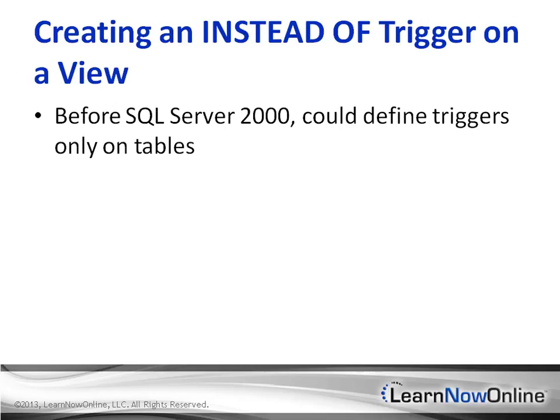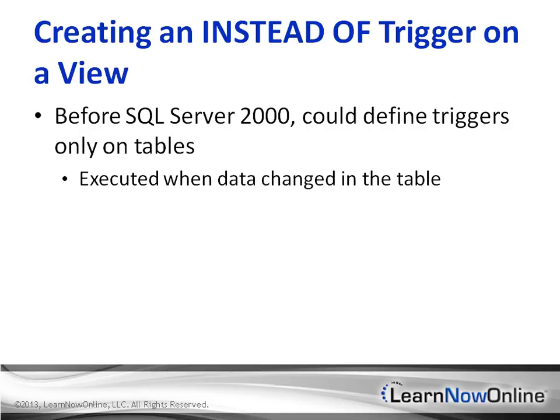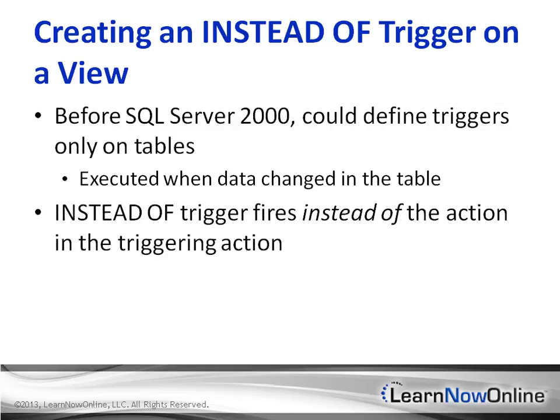Back in the old days of versions of SQL Server before SQL Server 2000, you could define triggers on tables only. The trigger code then executed whenever its triggering action occurred. Rows were inserted, updated, or deleted, whatever. So the idea behind an instead of trigger is that it fires instead of the insert, update, or delete statement that triggers it.